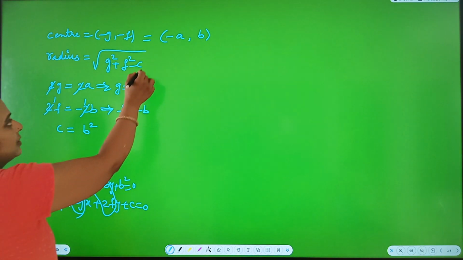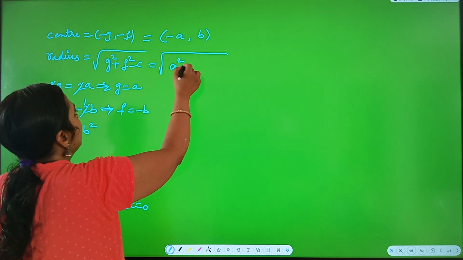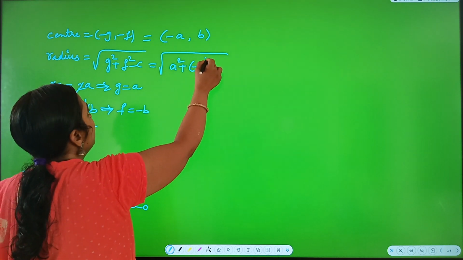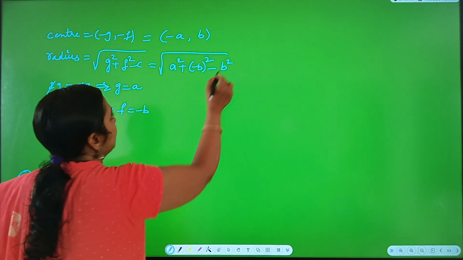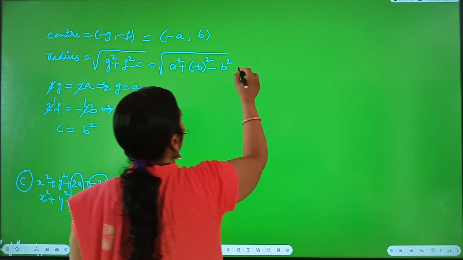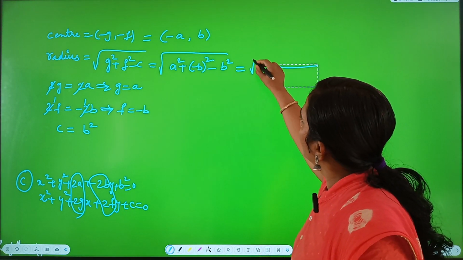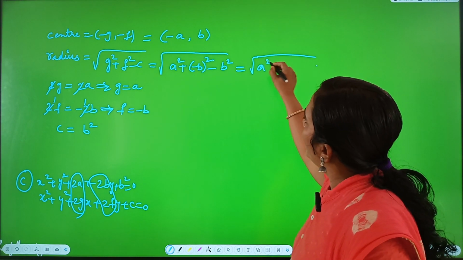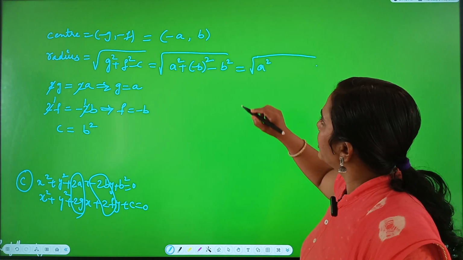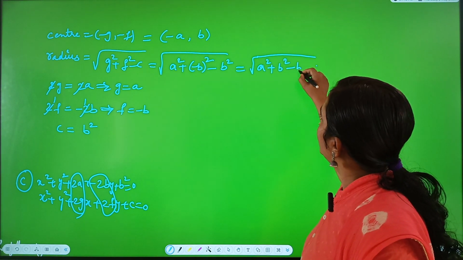What is the radius? It is equal to under root of a square plus minus b whole square minus c, which is b square. So equal to under root of a square plus minus b into minus b, plus b square minus b square.